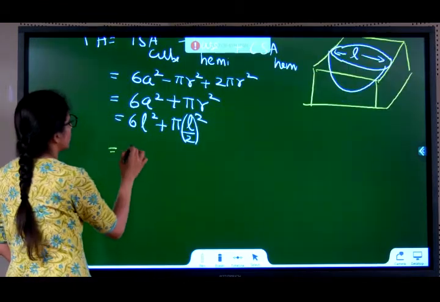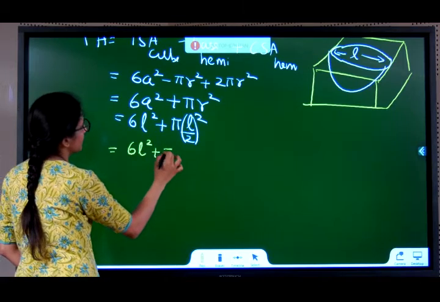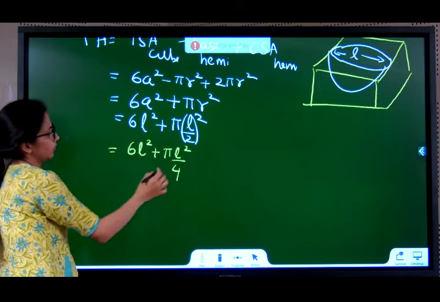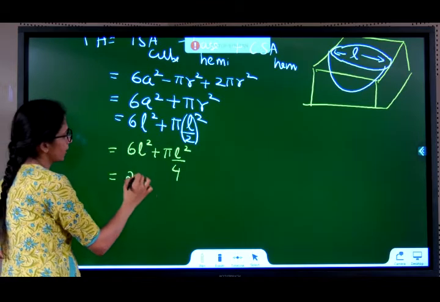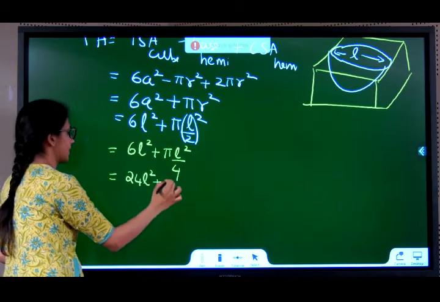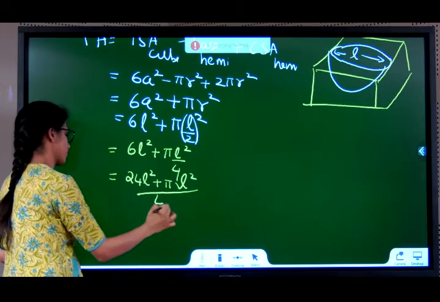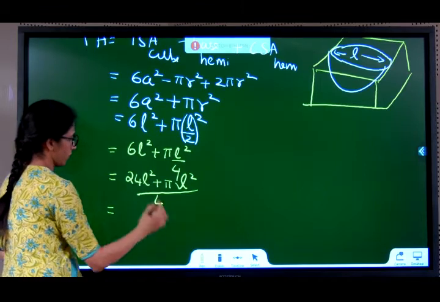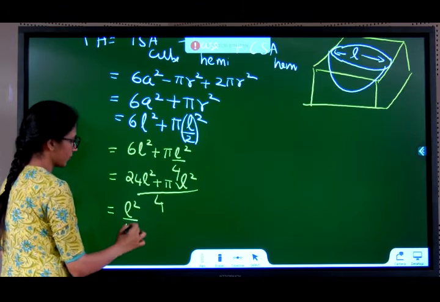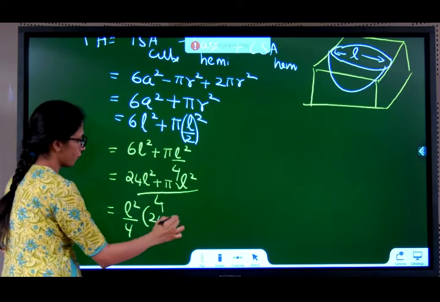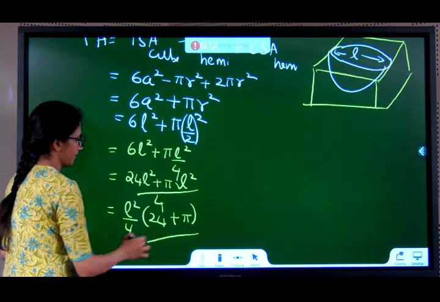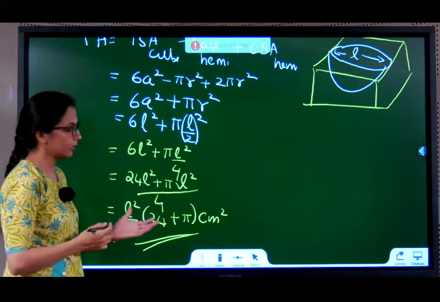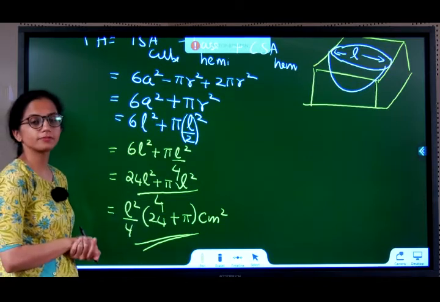So you get 6L square plus pi L square by 4. Take LCM. 24L square plus pi L square by 4. For 1 by 4, from top I can take L square common, from bottom I can take 4. So I am left with 24 plus pi, centimeter square. You can substitute for 22 by 7 and solve further. This is the answer given in your textbook.